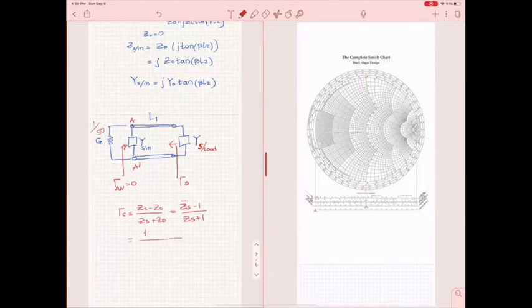I'm going to write it as 1 minus ys, and 1 plus ys. Do you agree? I divide both numerator and denominator by z sub s, and then I have that formula. All right. So the only thing I have to do is from gamma s to find ys.